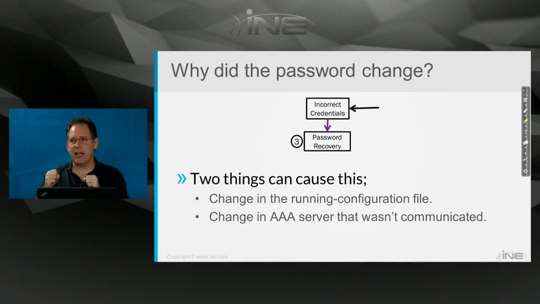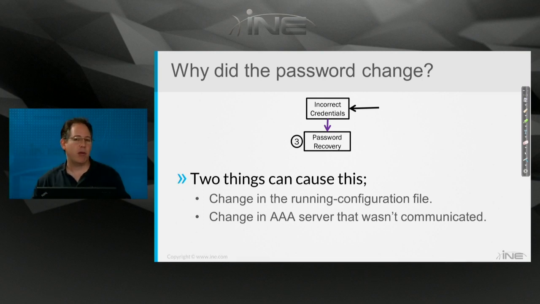Because that way, if I ever want to change the login credentials, I don't have to go to every single router and switch individually and do it. I can just go on one box, the AAA server, and change the credentials right there. And now whenever someone tries to connect, they'll have to know the new credentials.